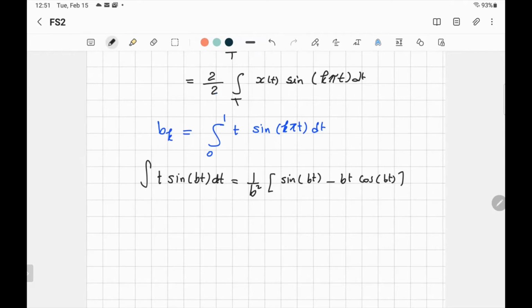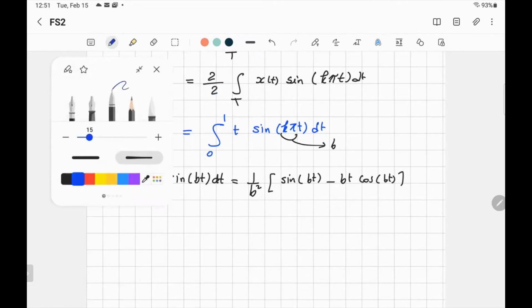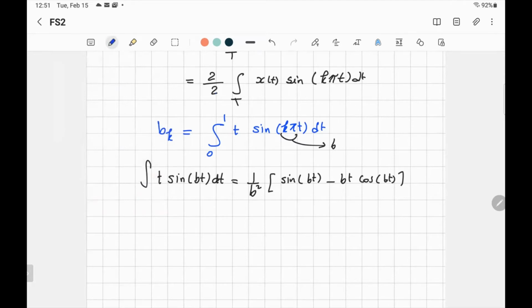Again, that's the b, it doesn't change. I prefer to continue before substituting b, to make it simple, as with last time. So I'm integrating from 0 to 1.